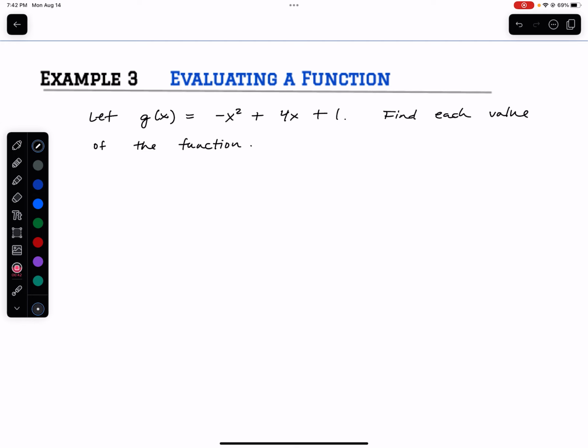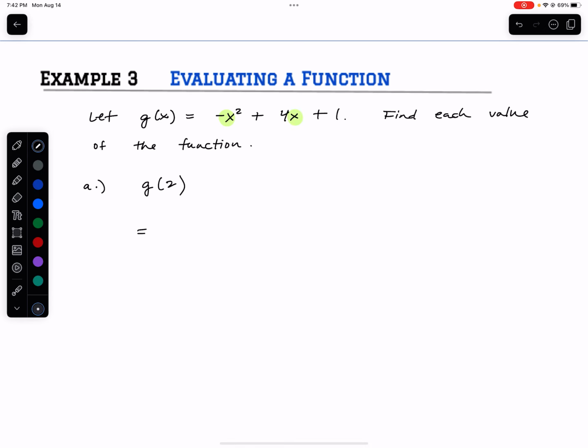Okay, so for part A, we're going to find g of 2. So what that means is, remember, we're going to take each input and replace it with 2. So wherever you see an x, we're going to replace it with 2.